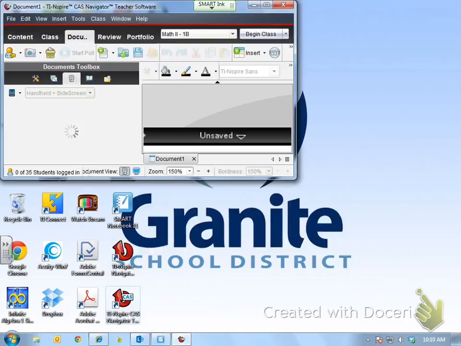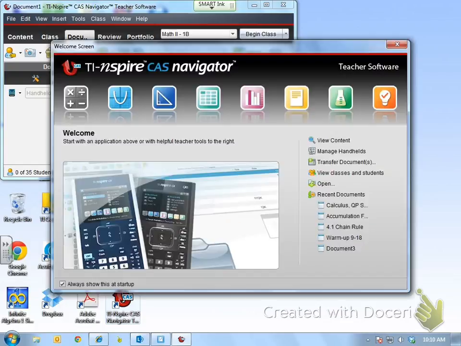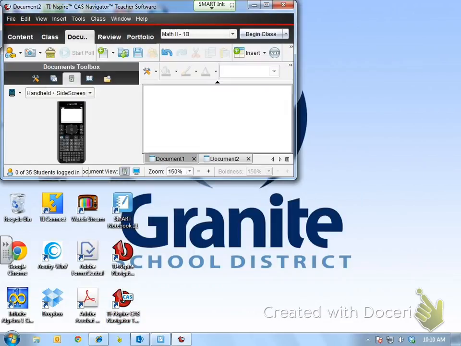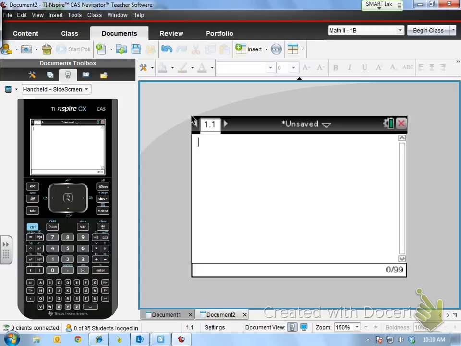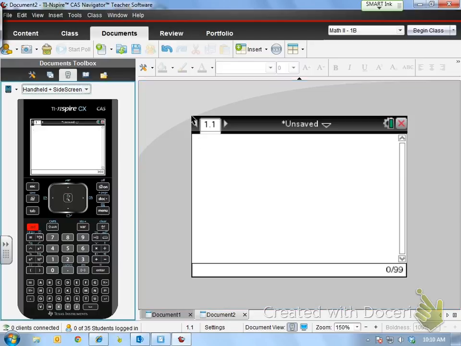Okay, I need everyone to quiet down again. If you're going to get to the square root button, you hit Control x squared, and it'll bring up the square root.